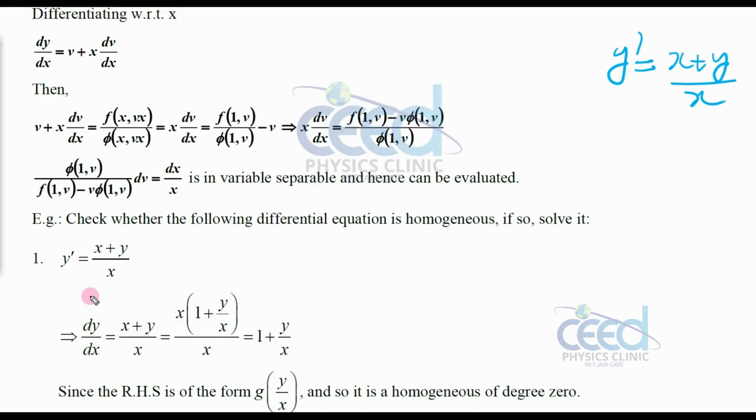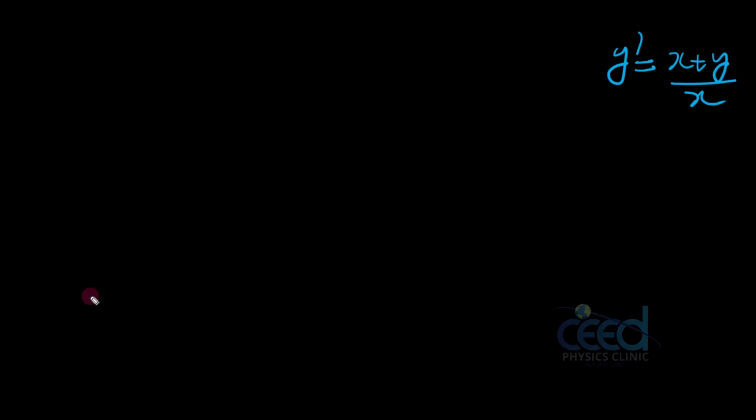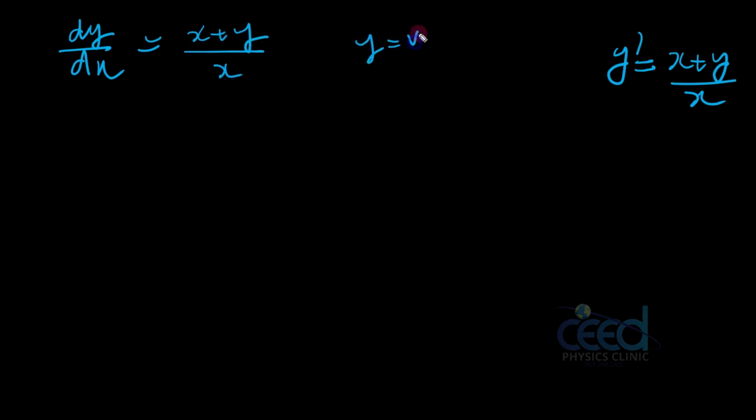I can't separate this x and y to one side. So I am writing y dash, dy by dx, that is equal to x plus y divided by x. Now I am making the substitution y is equal to vx.